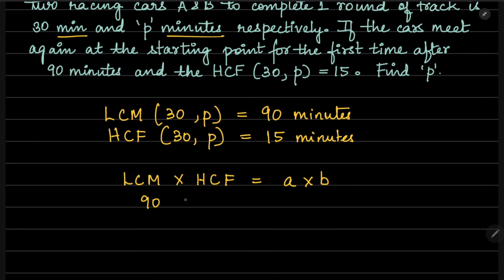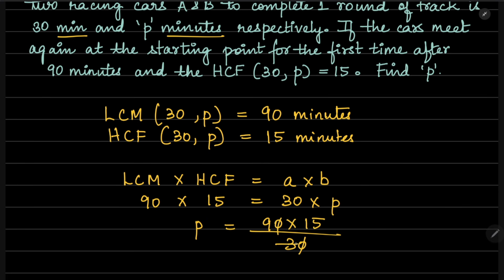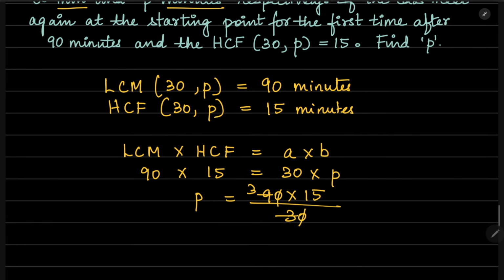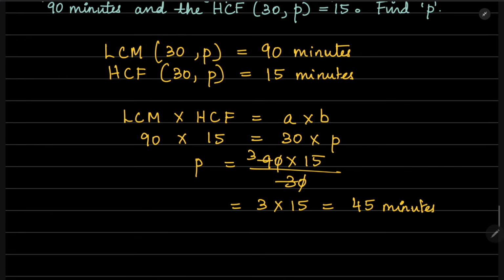LCM is 90, HCF is 15, one of the numbers is 30, the other number is P. So P is equal to 90 multiplied by 15 divided by 30. 3 3s are 9, and 3 multiplied by 15 will give you 45 minutes. Unit is very important. So P is equal to 45 minutes.